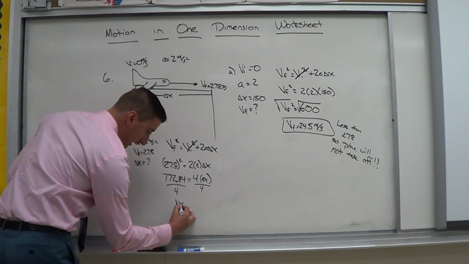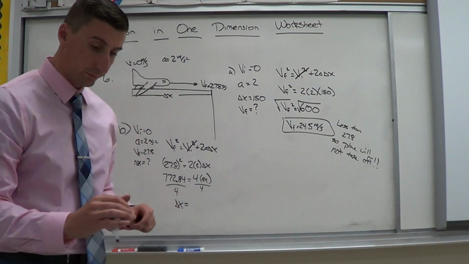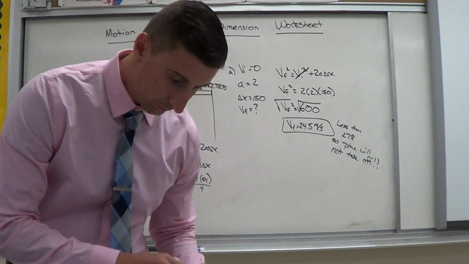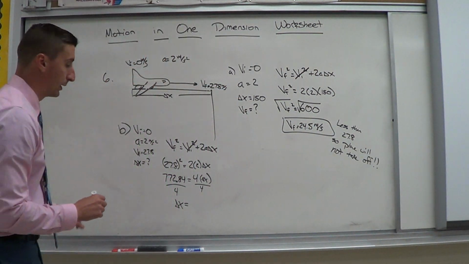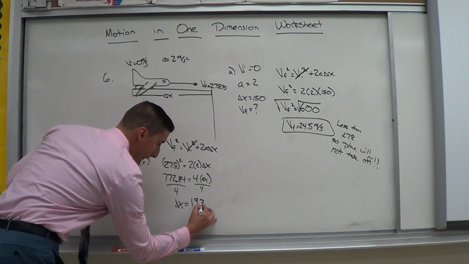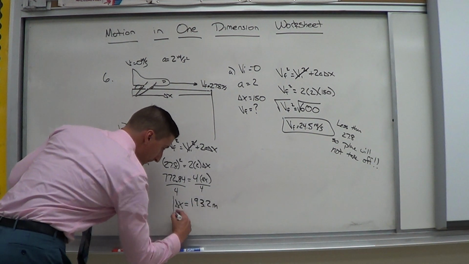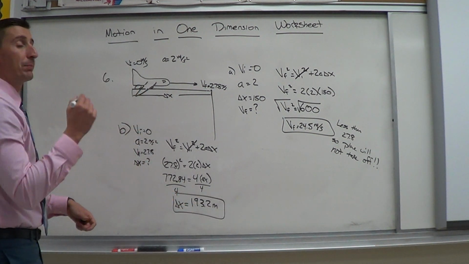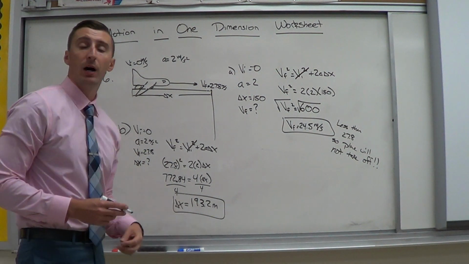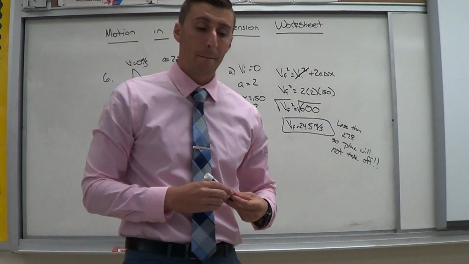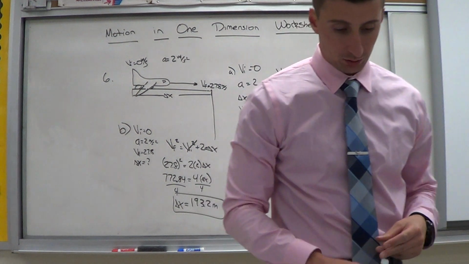I get delta X equals 193.2 meters. So the runway for this plane to take off needs to be a minimum of 193.2 meters. Okay? Good.